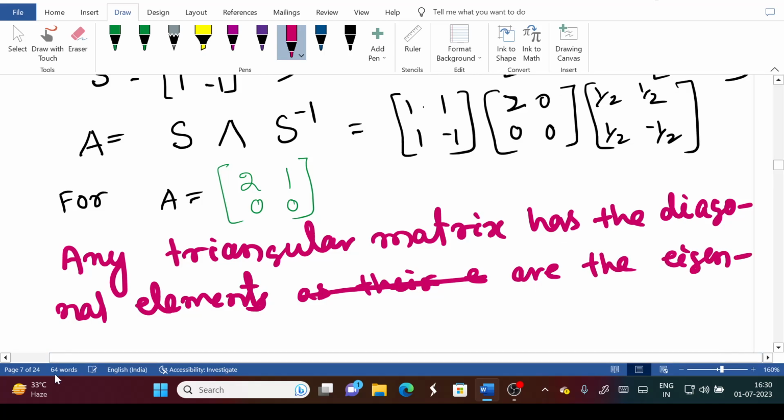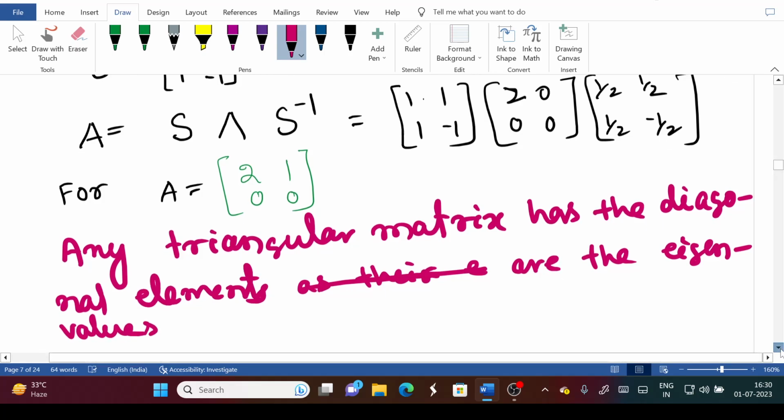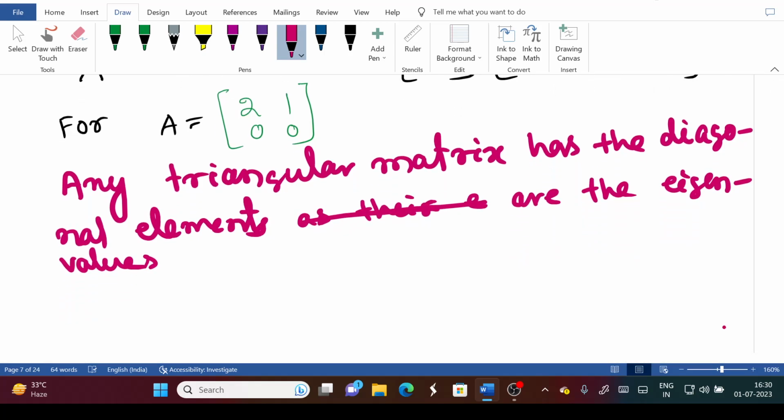So what are the eigenvalues of the given matrix here? It is a triangular matrix, an upper triangular matrix.